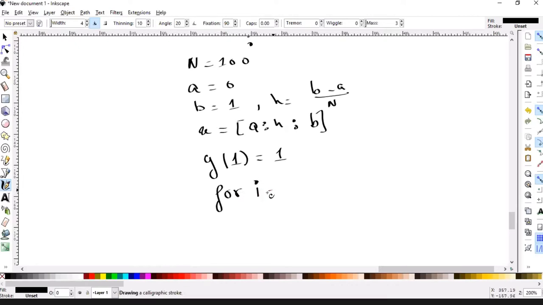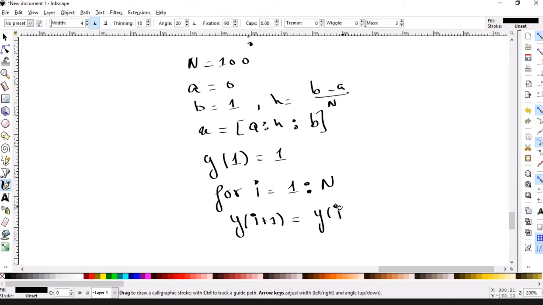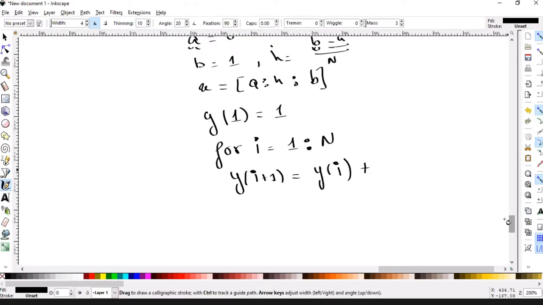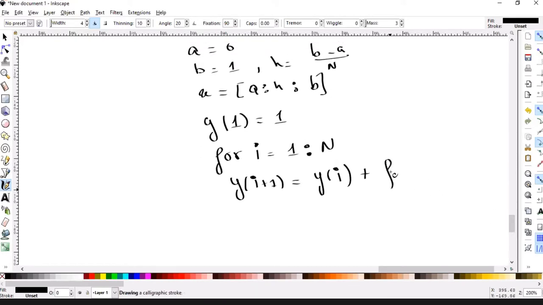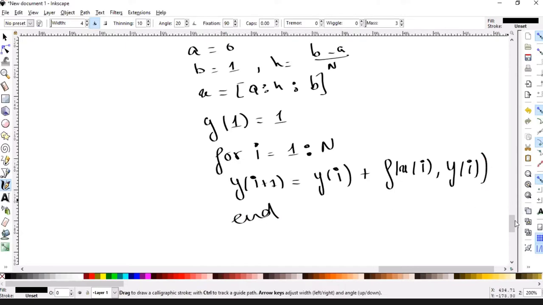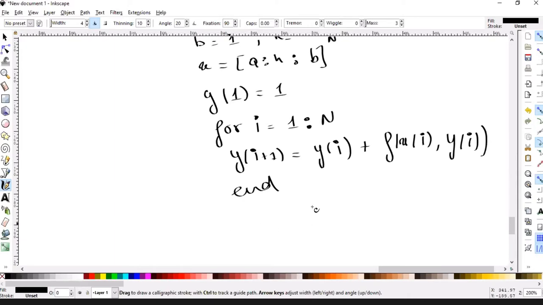Then you make a for loop, i equals 1 till n, and y of i plus 1 is equal to y i plus h times f of x i, y i. And here you get your vector y.